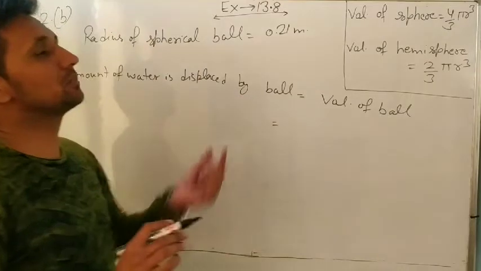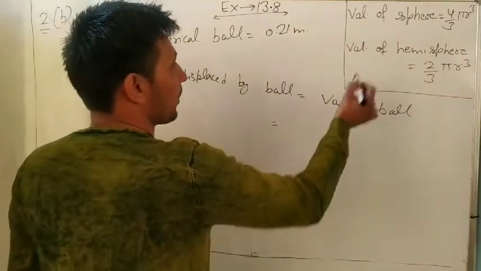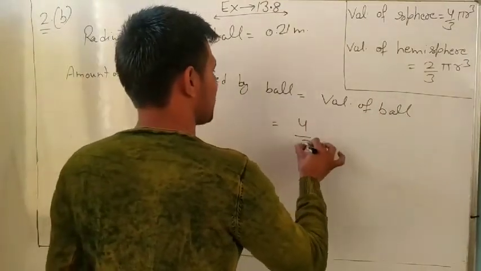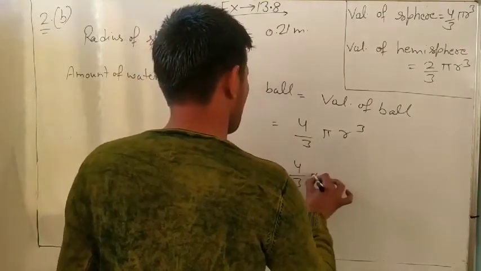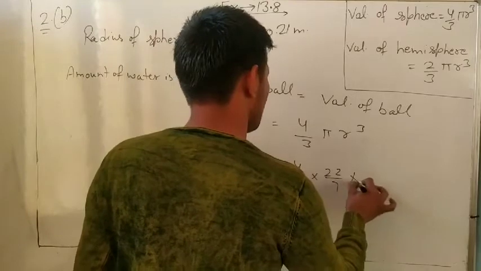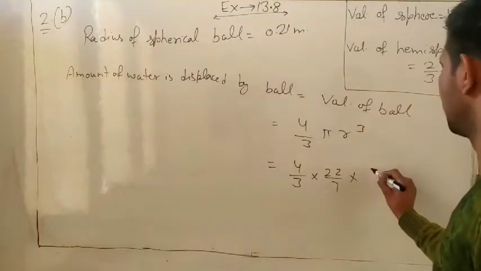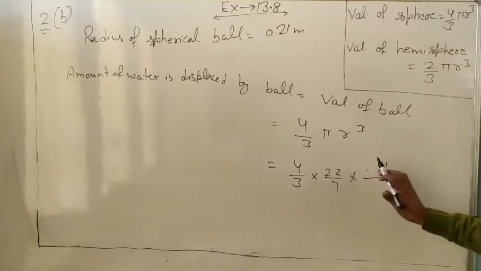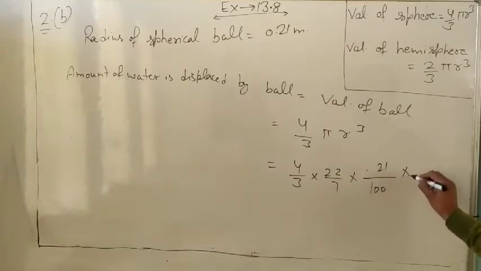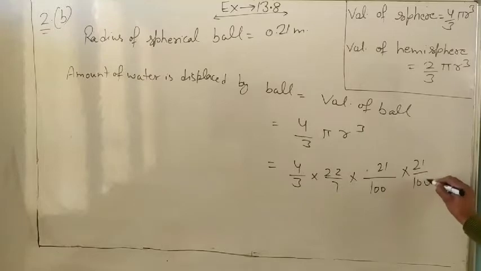What is the volume of sphere? The ball is a sphere. 4 upon 3 pi r cube. 4 upon 3 pi, 22 by 7, r is 0.21. To remove the decimal, we can write 21 divided by 100, three times.